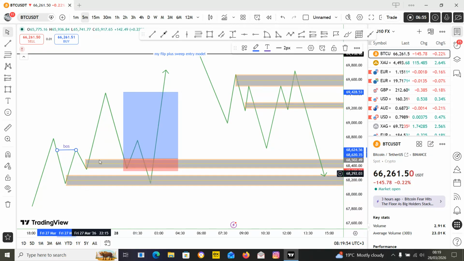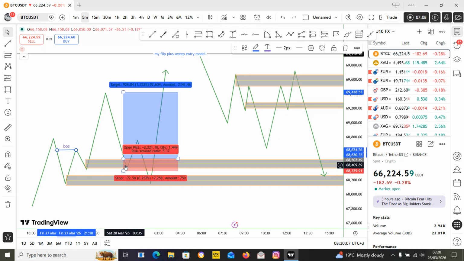Now, where is the available liquidity? That's the question you should be asking yourself before executing that trade. And right now, look, we have liquidity on the left and we have liquidity on the right.